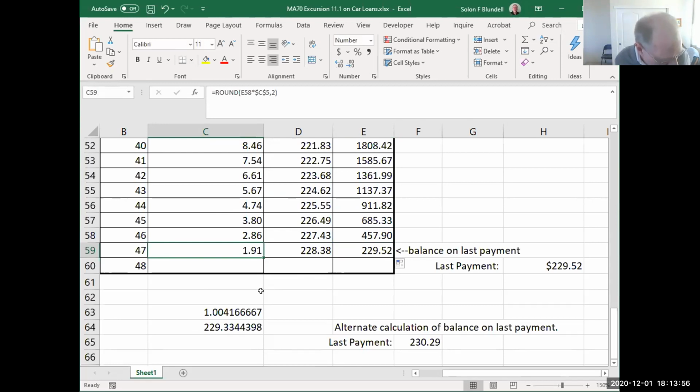So then what would be the interest due during that last month? It's 96 cents. If your payment that you agreed to was $230.29, you take that payment minus the 96 cents.